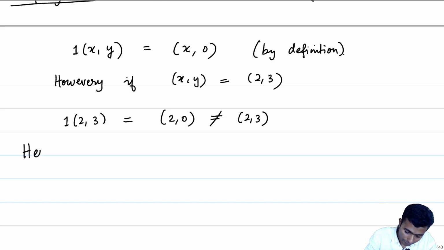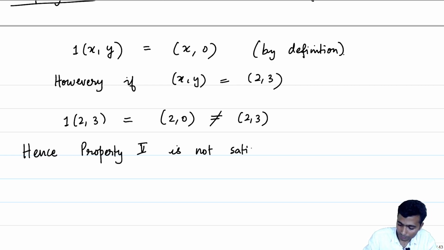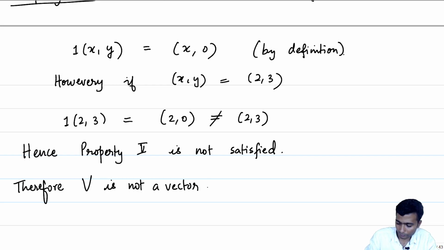So hence property 5 is not satisfied. Therefore V is not a vector space with these operations.